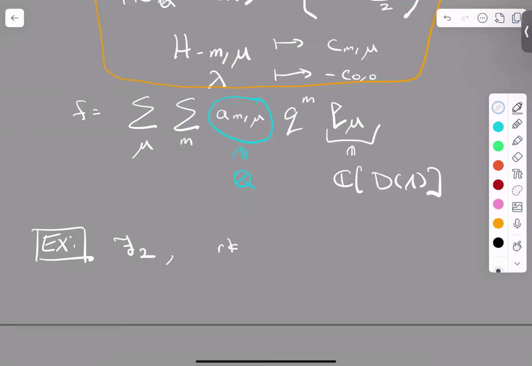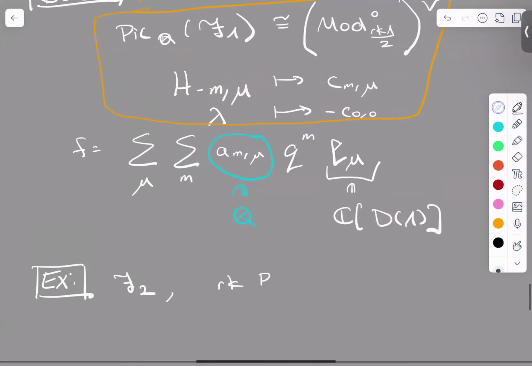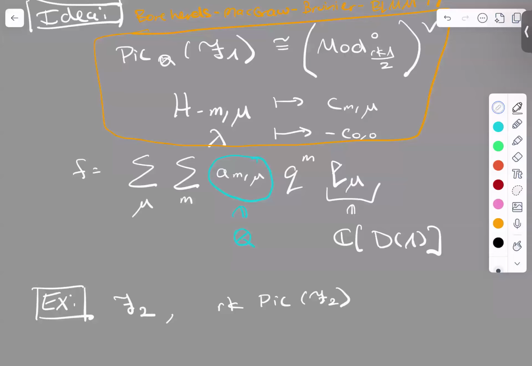The rank of the Picard group of F2 is computable by using this isomorphism and studying the dimension of this space of modular forms. The ranks of these spaces are computed by Bruinier. And so in this example, one deduces that the rank of this Picard group is 2.